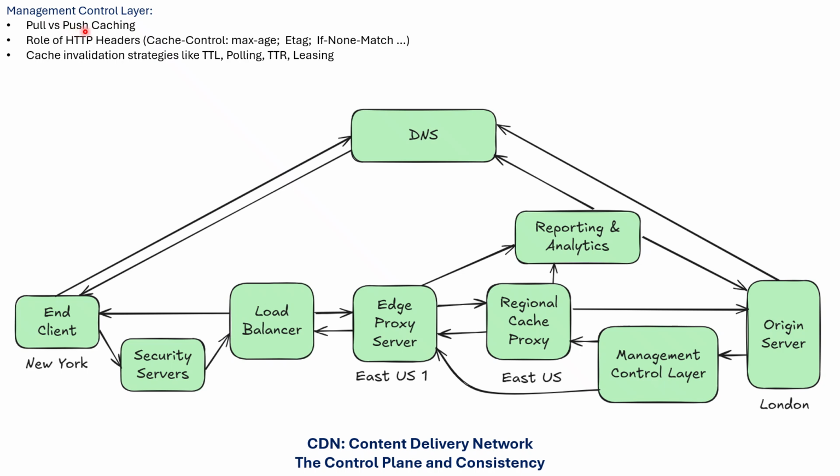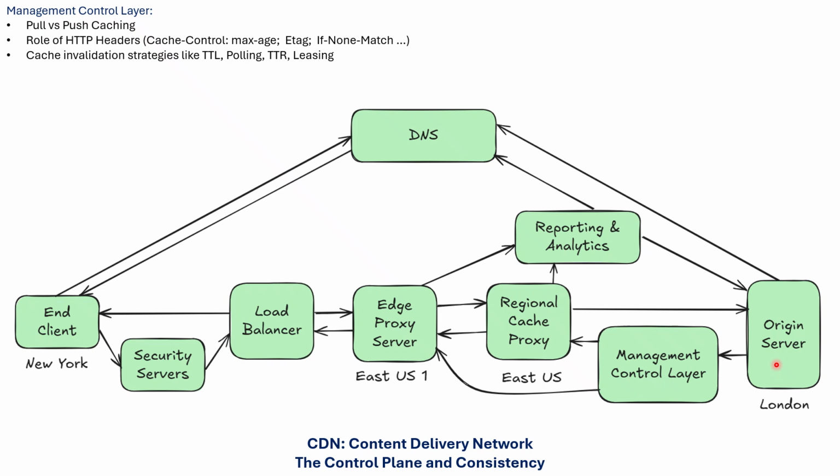The control layer also defines caching behavior through multiple HTTP headers. An HTTP header is a piece of data sent with every web request and response. An origin server can use the Cache-Control max-age header to tell the CDN and the client's browser how long to store the content.